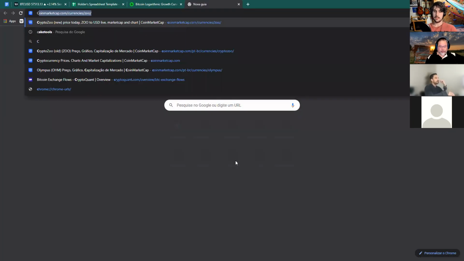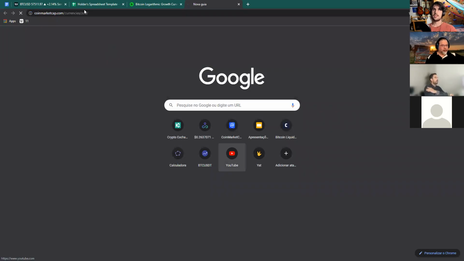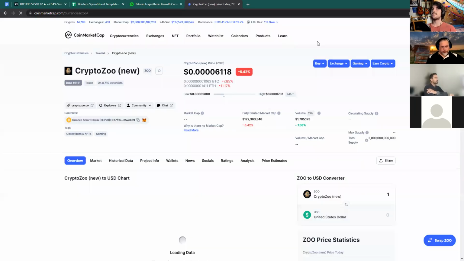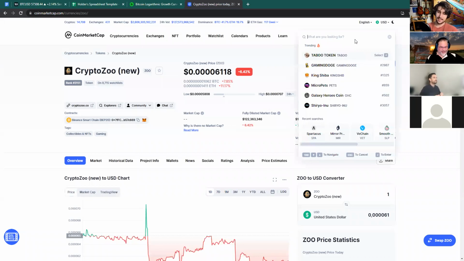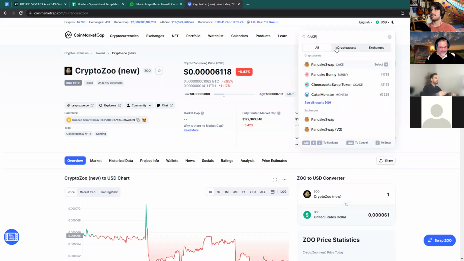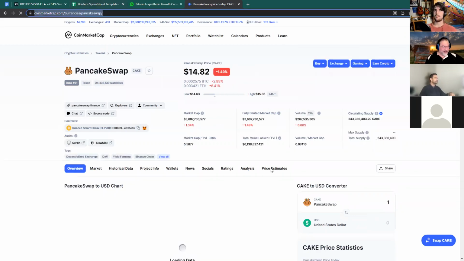Then I'm going to go to CoinMarketCap, and every single time it's this cryptocurrency called Zoo, which is a very, very bad shit coin. I searched for it once, and every time I search for CoinMarketCap, this is the default website. So I'm just going to copy the link and paste it right here.